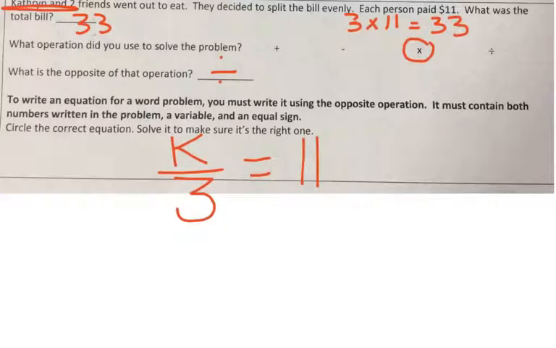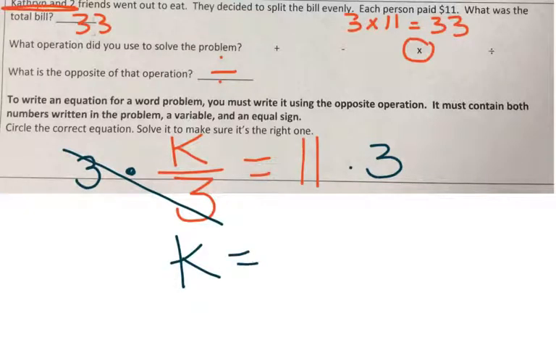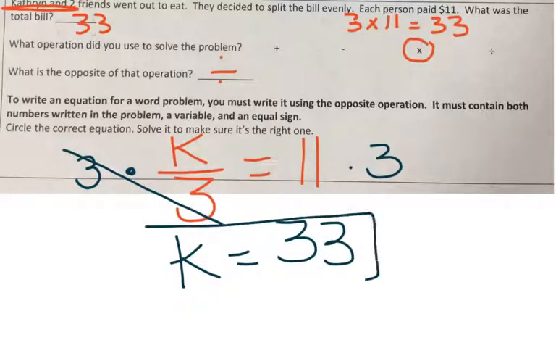So here's my equation: K divided by 3 equals 11. To solve this, the opposite of dividing by 3 is to multiply by 3. We have to balance that. Over here I'm left with just K, and 11 times 3 is 33. So my answer to that equation is 33. That's what I was expecting to get.